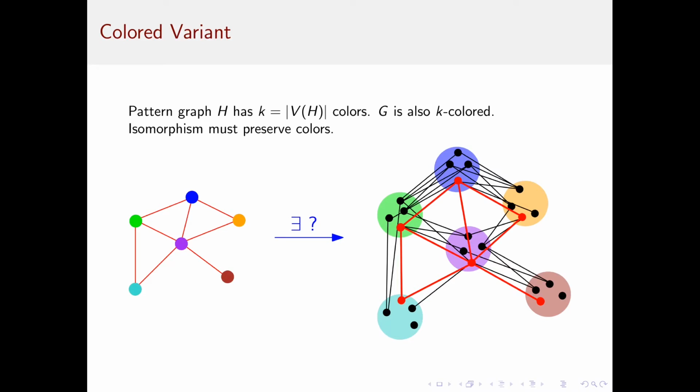So you can group the nodes of G according to their color, and the problem now becomes that you have to select one node from each group such that if 2 nodes are adjacent in H, like here, then the 2 nodes that you selected from those 2 groups must also be adjacent. Right, so this is the colored variant, and you can define something quite similar for hyperclique too if you want.